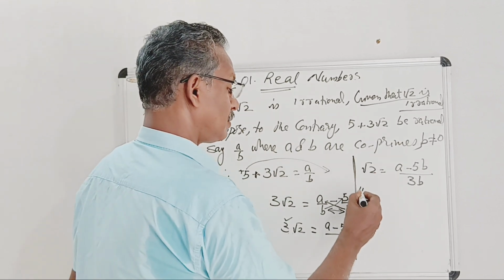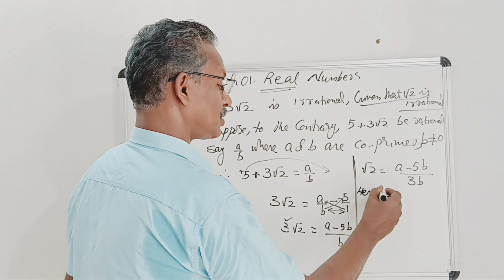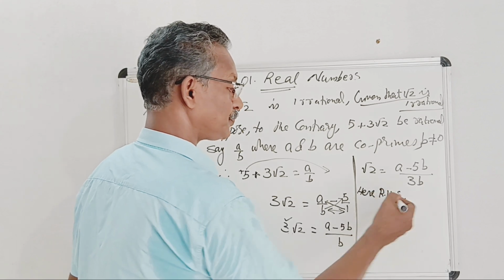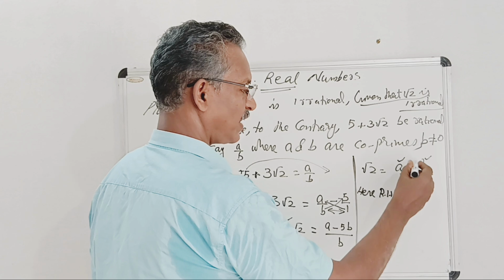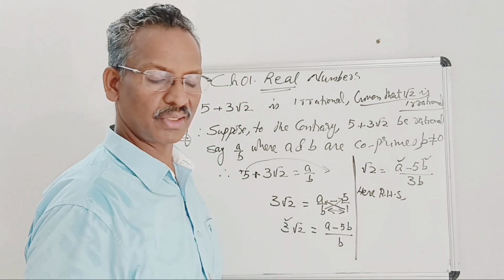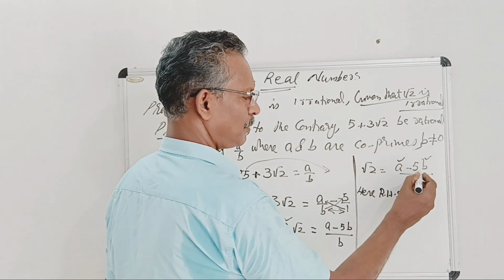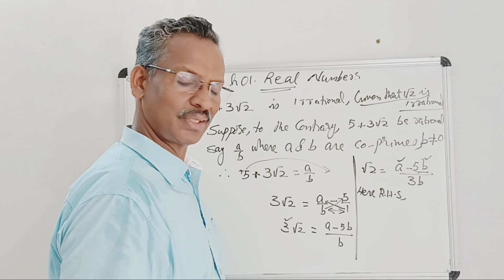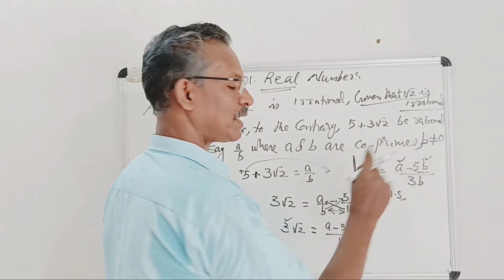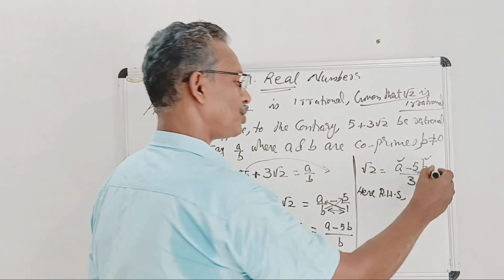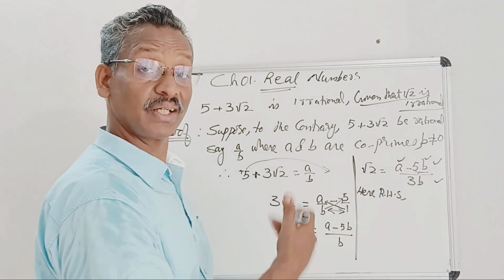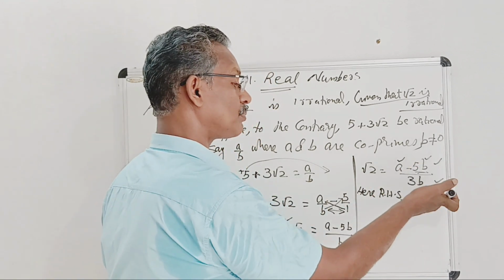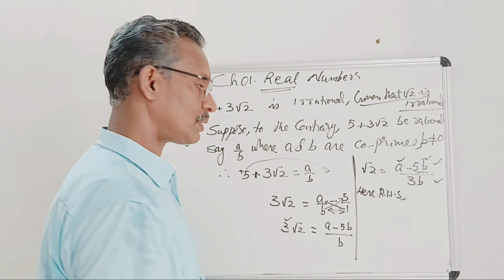Then here, if you see the RHS, A is an integer, B is an integer, 5 is an integer, 3 is an integer. If you multiply two integers, it is an integer. An integer subtracted from another integer is an integer. Numerator is an integer. Denominator, the multiplication of two integers, is again an integer. So integer by integer is a rational number.